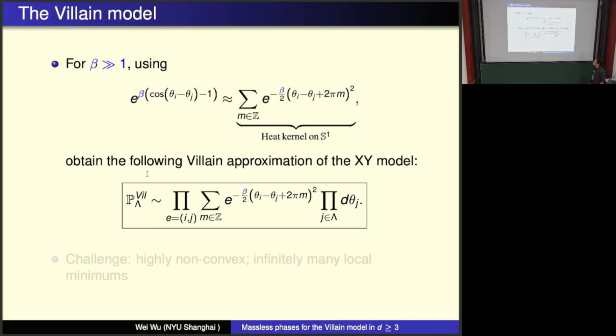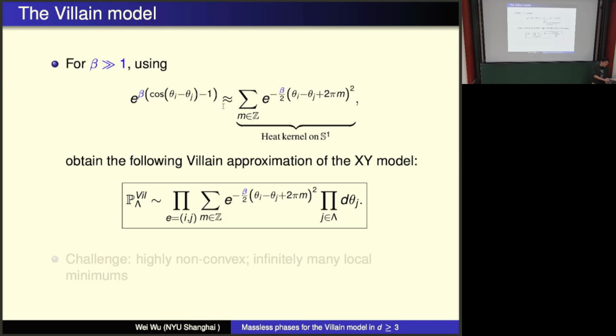Now similar to the XY model, Villain, who is a physicist, proposed the following statistical mechanics model. It's something like an approximation of the XY model. So the idea is that if beta is very large, well, as we said, beta large means the spins tend to align with each other, so theta i minus theta j is small. So you can actually approximate this XY interaction in terms of this heat kernel on S1.